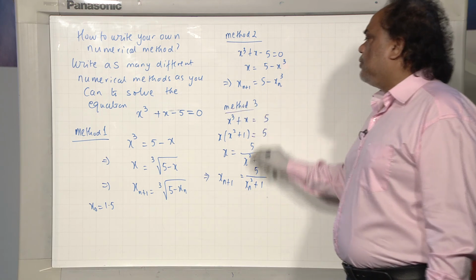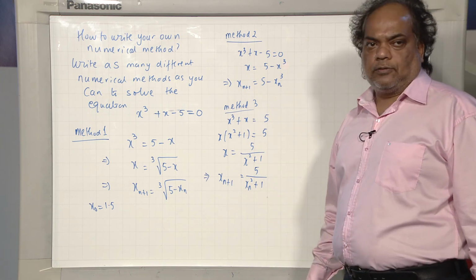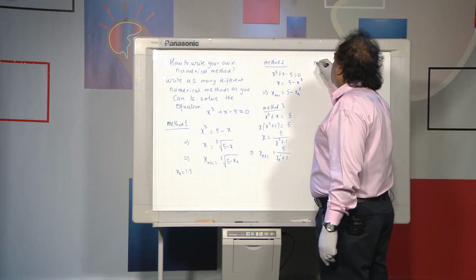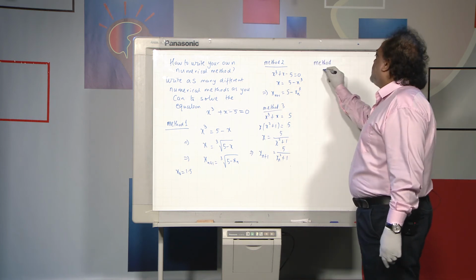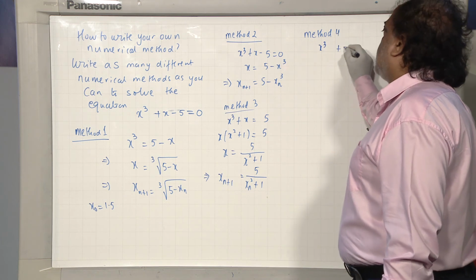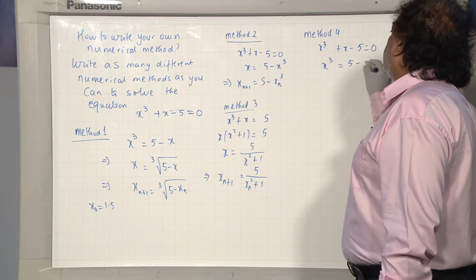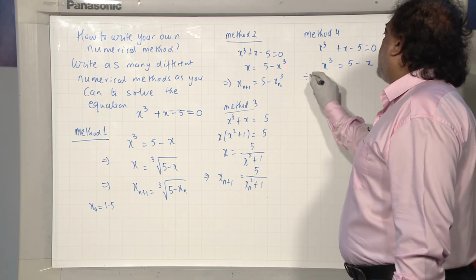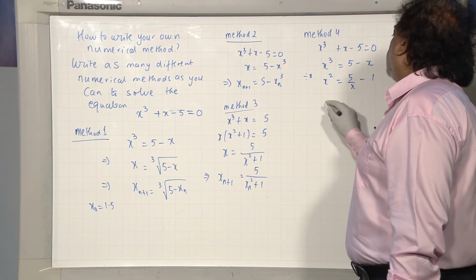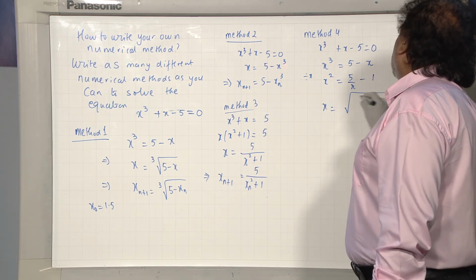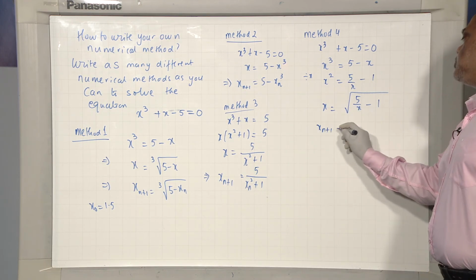So we have already written 3 different numerical methods to solve. You can continue like that. For example, here, x cubed plus x minus 5 equal to 0, x cubed equal to 5 minus x, divided by x, x squared is equal to 5 over x minus 1, which gives you xn plus 1.